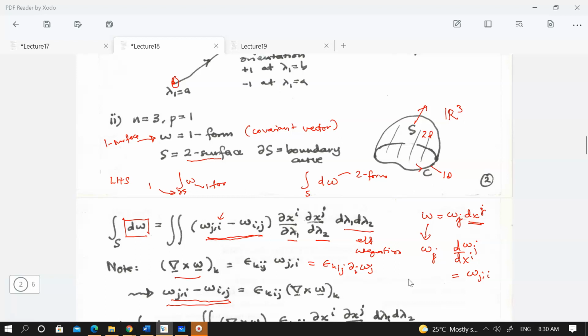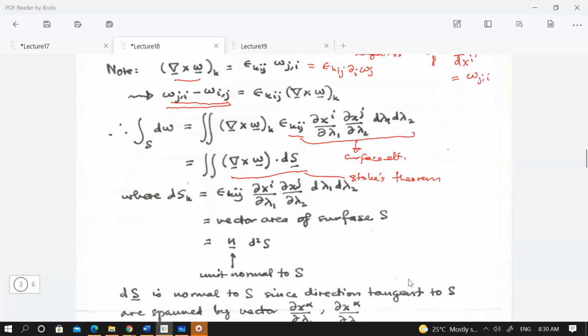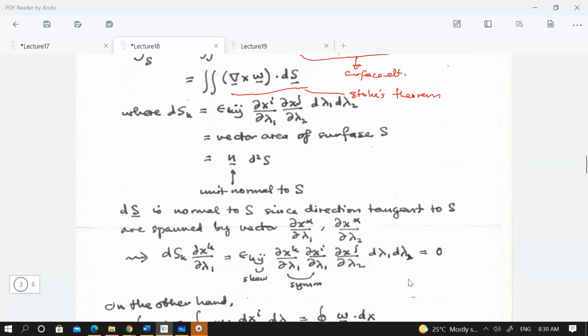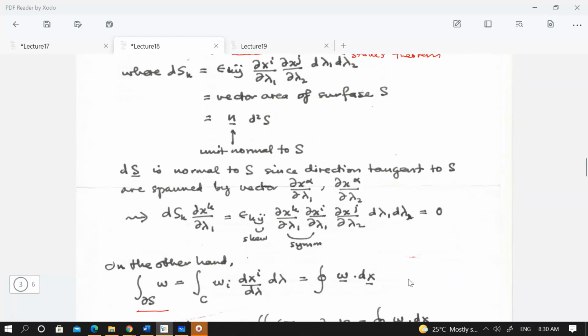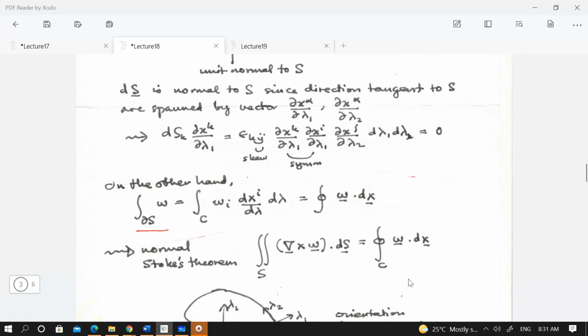It depends on whether this is clockwise or anti-clockwise, and then you can actually define whether this is normal outwards or normal inwards. But I don't want to go into those complications at this stage. It's just that you have a feeling that all this generalized Stokes theorem just sort of reduces to the ordinary Stokes theorem.